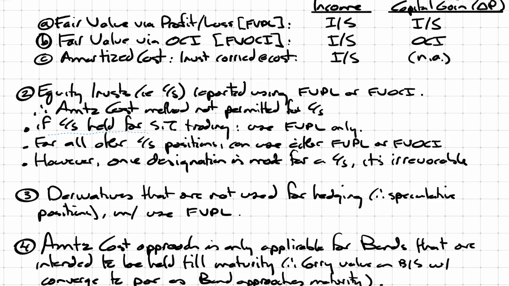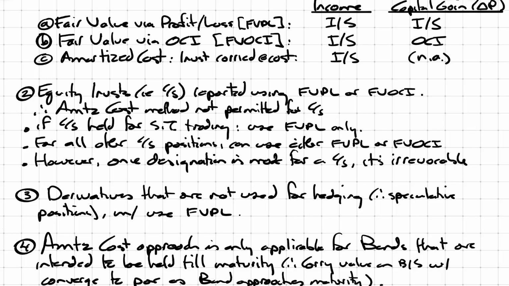Now, if the stock is held for short-term trading, then we have to use the fair value P&L only. For all other stock positions, the firm can use either fair value PL or fair value OCI. So again, all stocks must be carried at fair value.